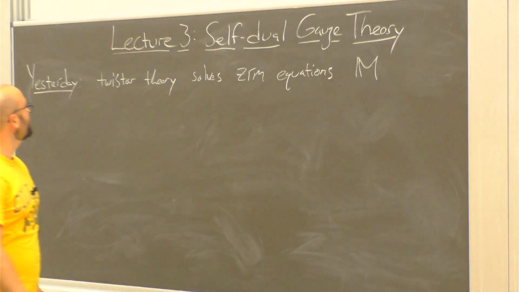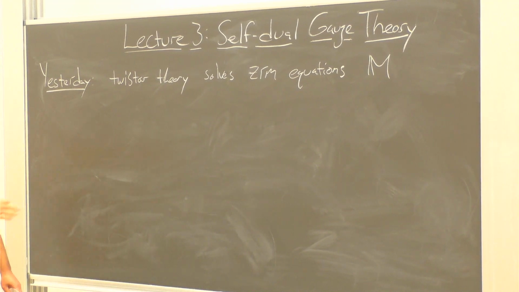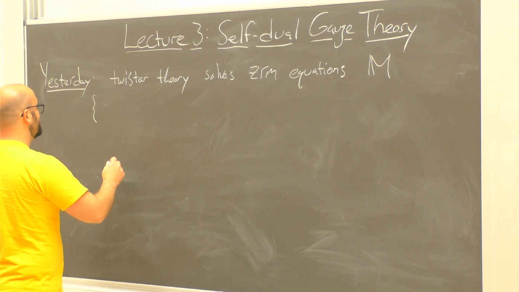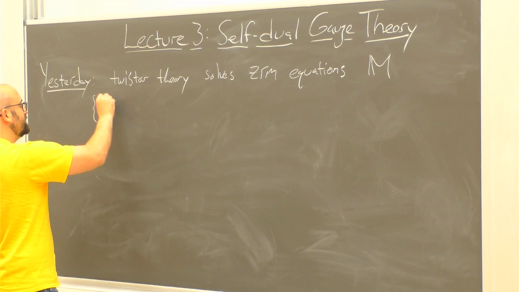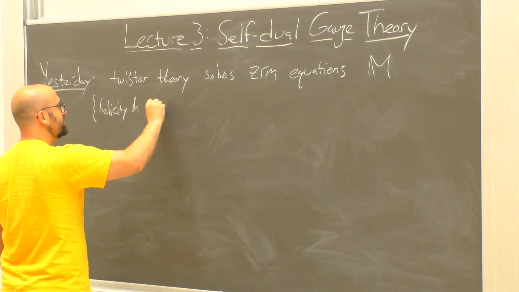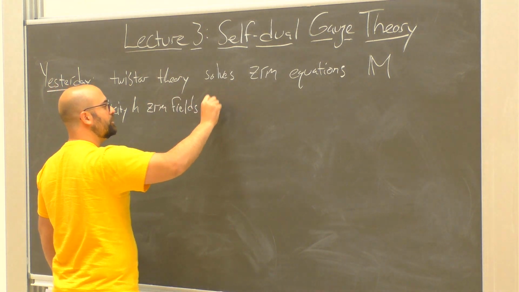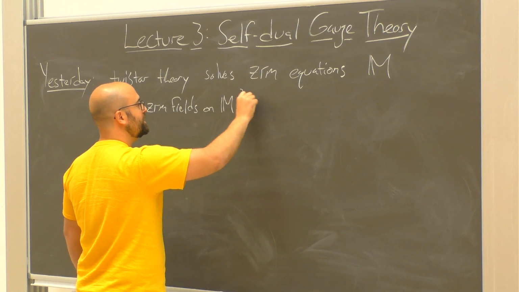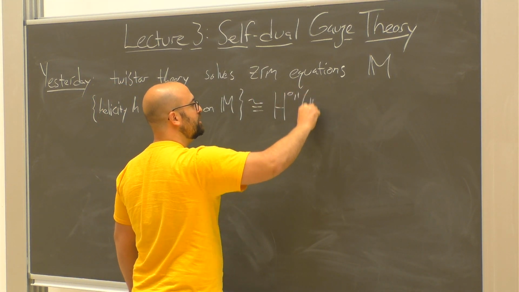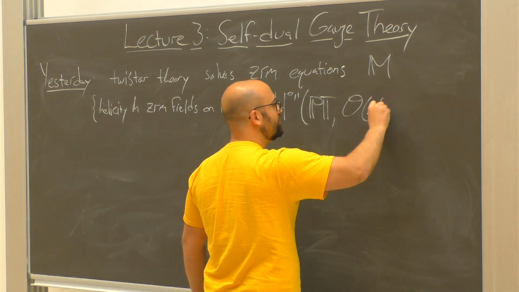And the one-line statement of this was this theorem that we wrote on the board: there's a one-to-one correspondence between helicity h zero rest mass fields on complexified Minkowski space and cohomology classes on Twistor space that are homogeneous of a certain weight.